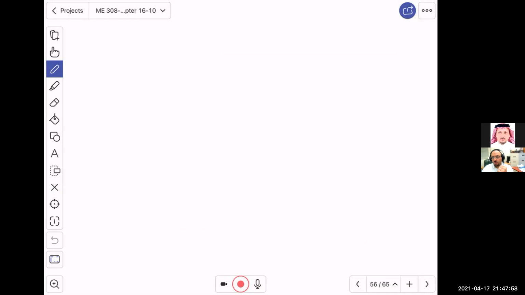So an hour has how many seconds? 60 seconds by 60 minutes. So we have the time T1. Let me start with the black color maybe. T1 is equal to how much? 3,600 seconds per hour divided by 24.